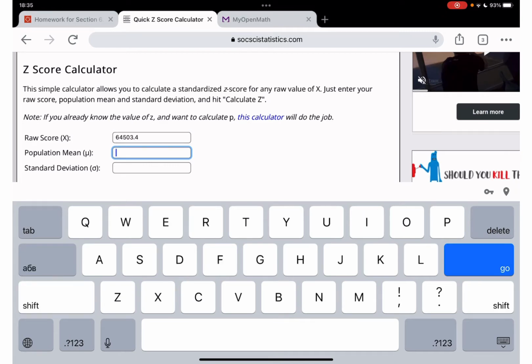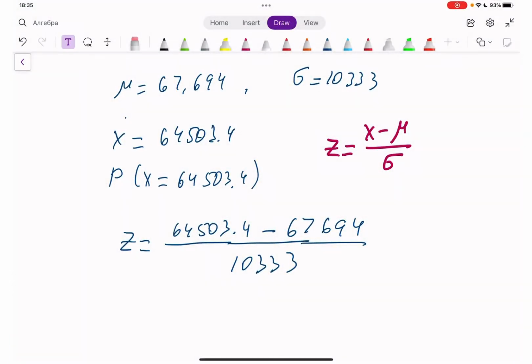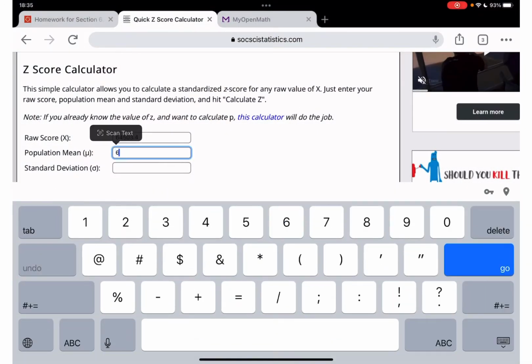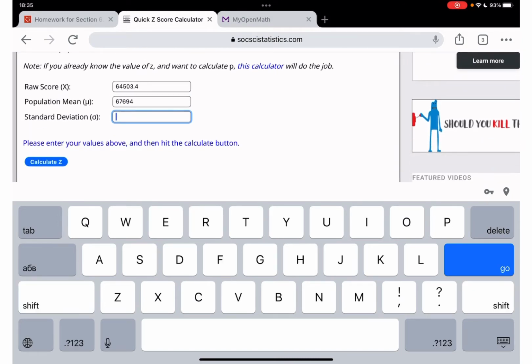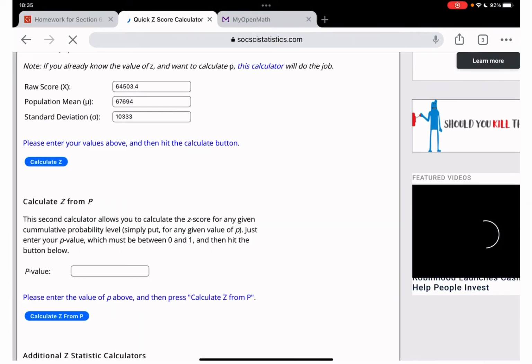Population mean is 67,694, and standard deviation was 10,333.